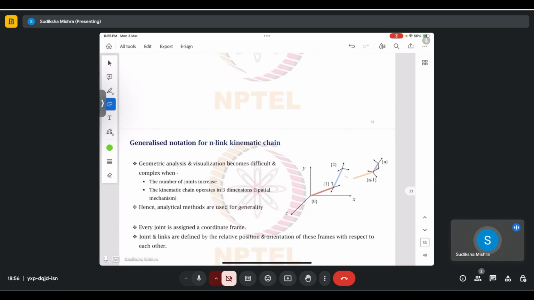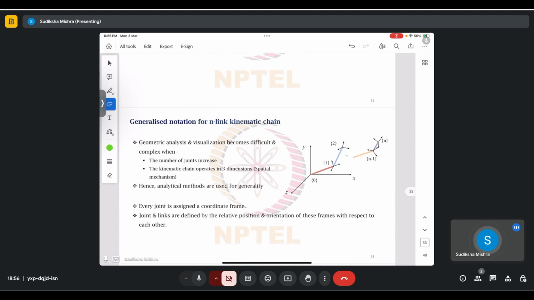So we saw two kinematic chains with two links and three links. If there were an n-link problem, it becomes very complex.